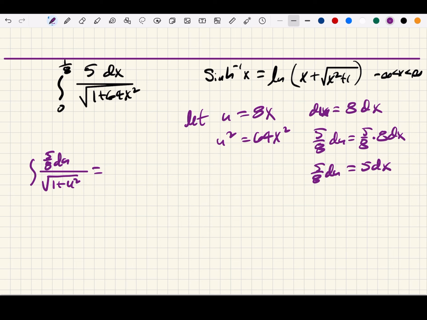Do we have a formula for that? So we would have 5/8 times the integral of du over the square root of 1 plus u squared. So like inverse hyperbolic sine. I think that's right. I think it's inverse hyperbolic sine.